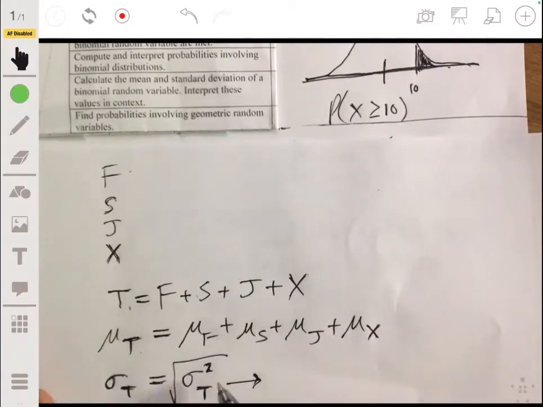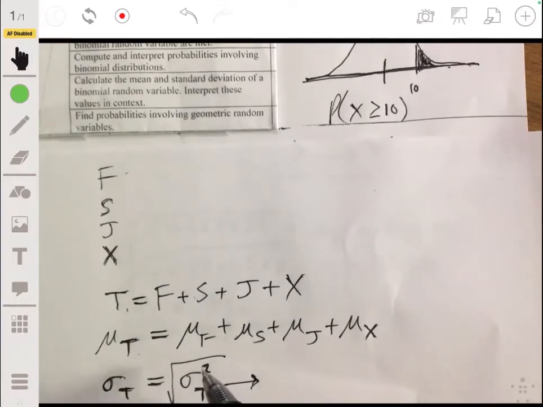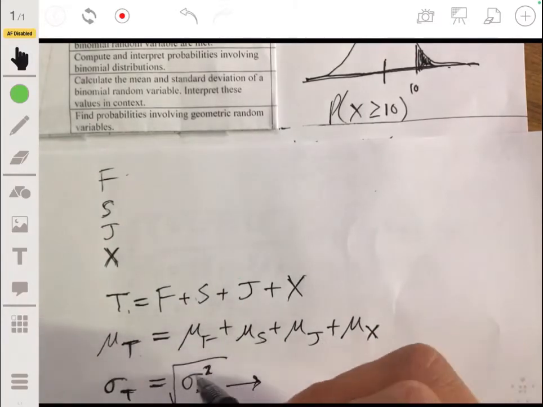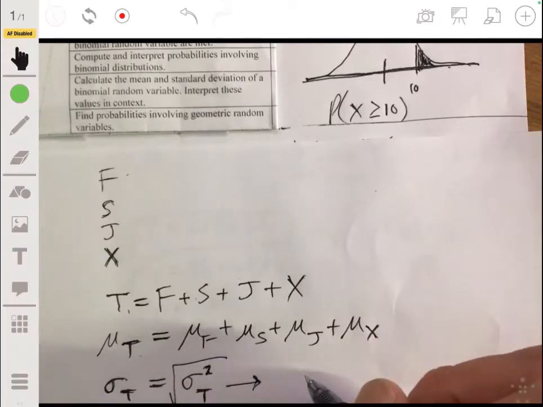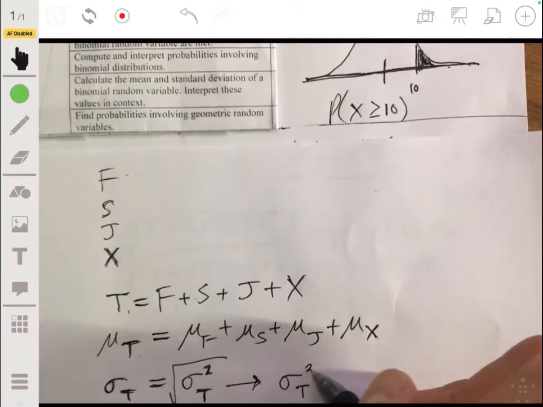Now, the reason we find the variance first is because you can't just simply add standard deviations to get another standard deviation. What we're going to need to do is find the variances. The variances will add, however.